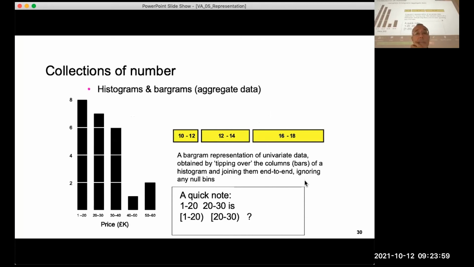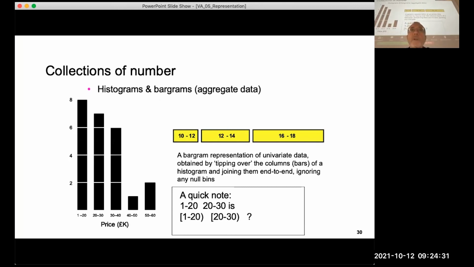A collection of numbers can also be handled by bar graphs, as we did for the cars. Here, the length of the bars is representing the number of elements inside. And be careful of the scale. I don't like the scale. This is the example of Bob Spence. He is a friend of mine, and he's a very good person.